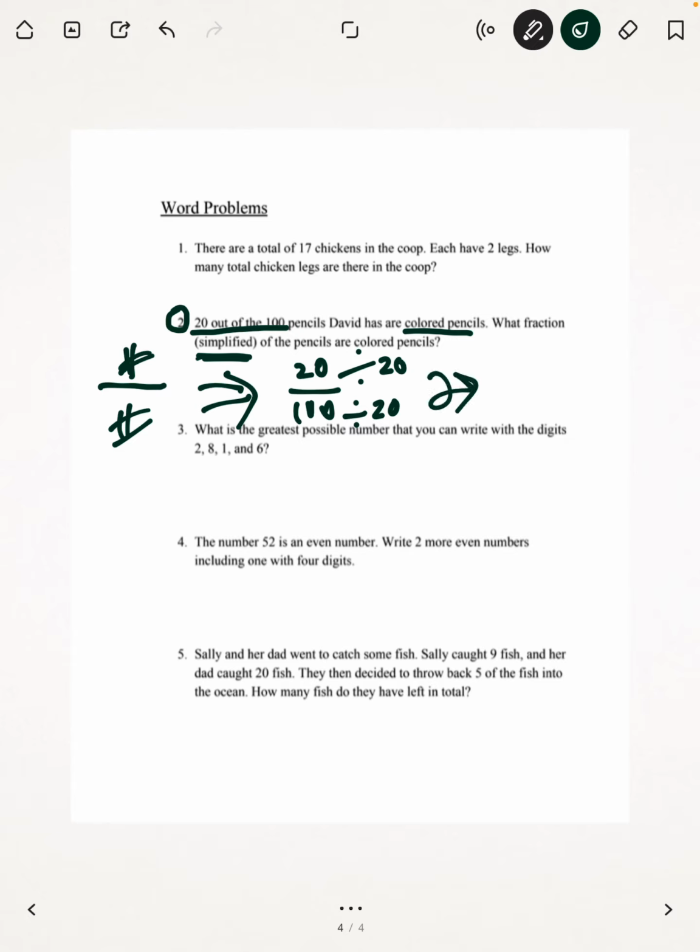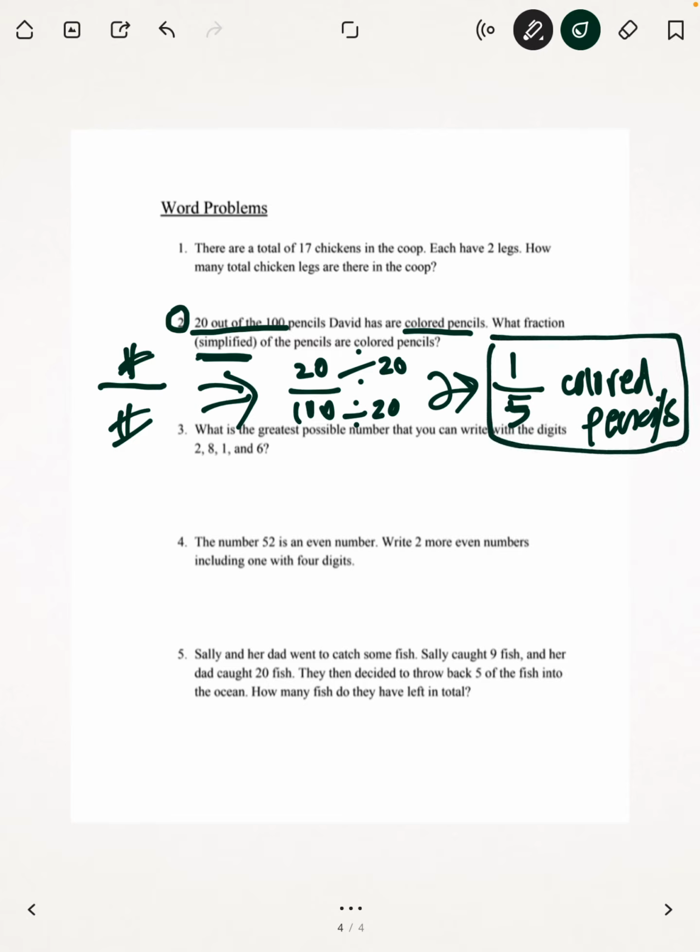And you get 20 divided by 20 is 1, and 100 divided by 20 is 5. So the answer is 1/5 are colored pencils. So when you're dividing, make sure to divide the same number on the top and bottom.